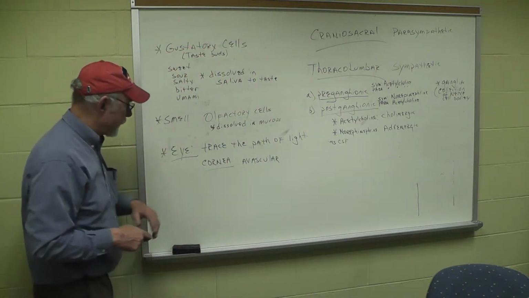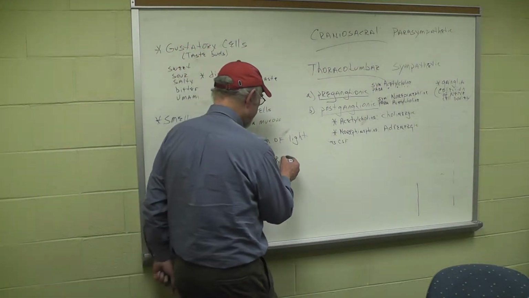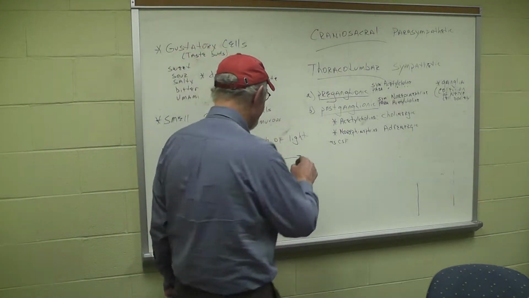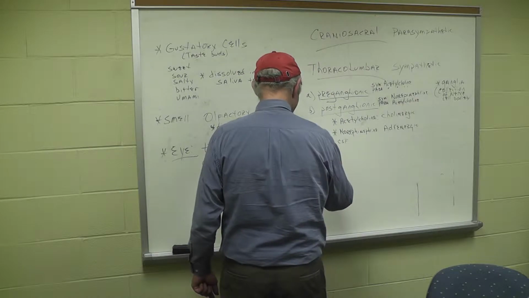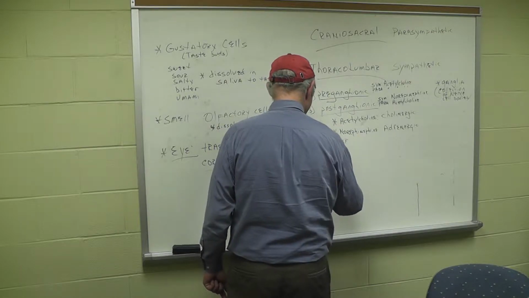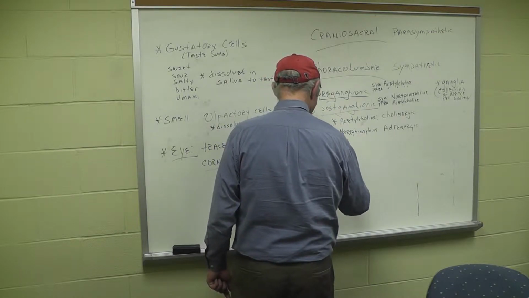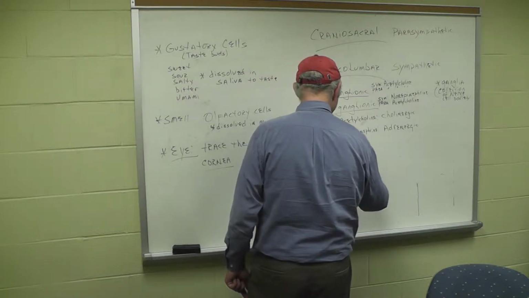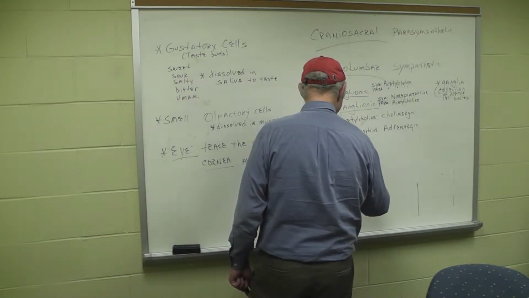So after it hits the cornea, it goes into an area of the eye called the anterior chamber. And that anterior chamber is filled with a fluid called aqueous humor. Okay?